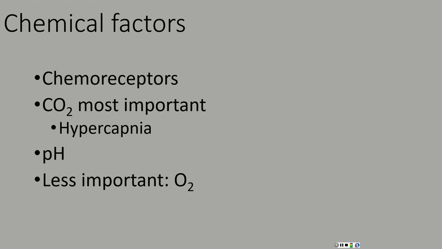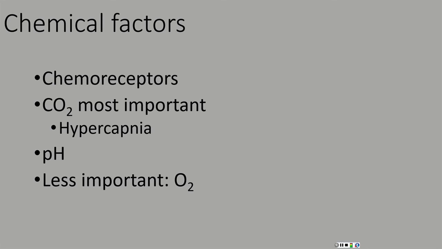We've seen how breathing can adjust our CO2 and how breathing can adjust our pH. But let's look to see why we breathe at the rate that we breathe. We know the underlying principles, but let's look to see the actual mechanisms. Well, there are chemical factors that adjust our breathing.